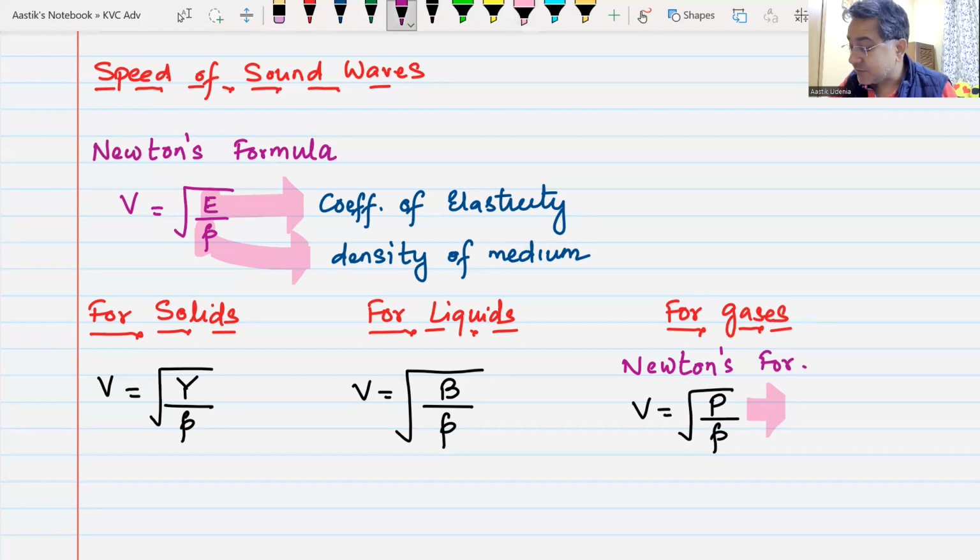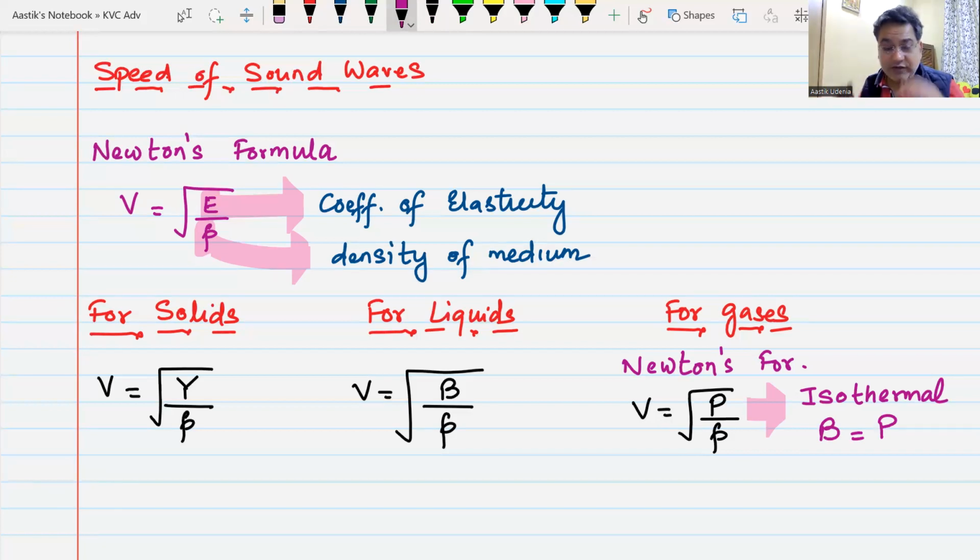He assumed that the propagation of sound in gas would be isothermal, and therefore he got the bulk modulus as P. That was Newton's formula.